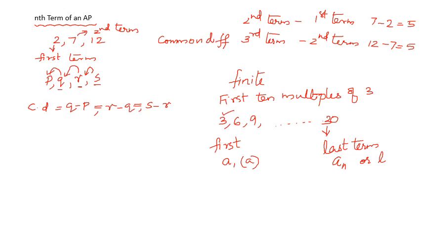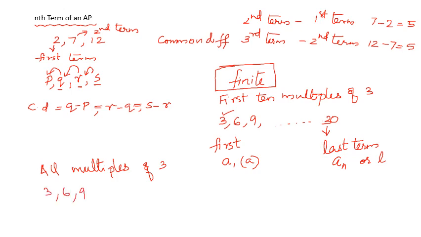Now I told you this is about finite. Now if I simply say all multiples of 3, same question I am giving in a different way. Then what happens? It will start from 3, 6, 9, etc., till where? Infinite. Will it stop at 30?